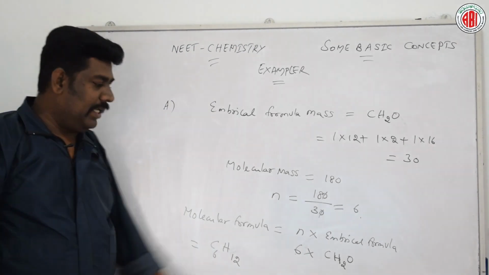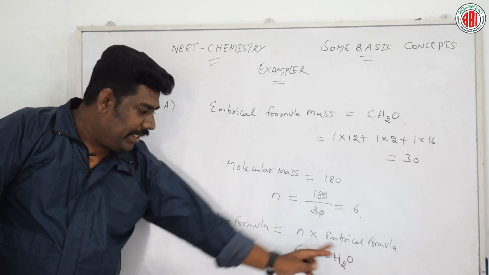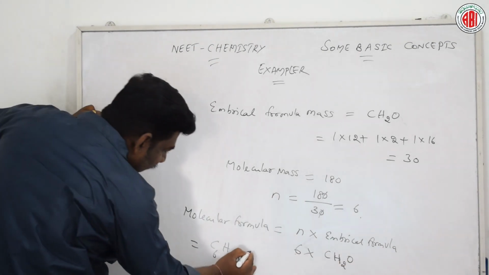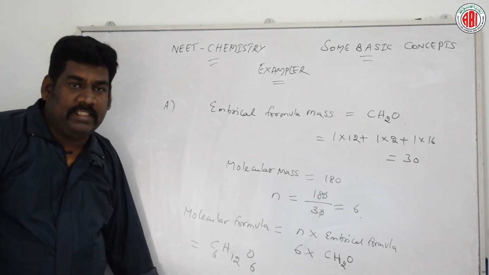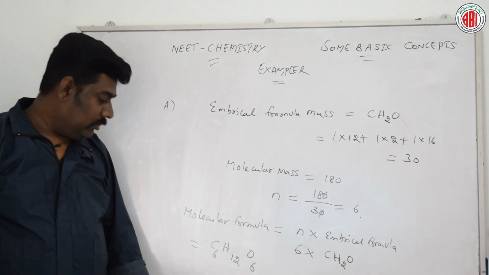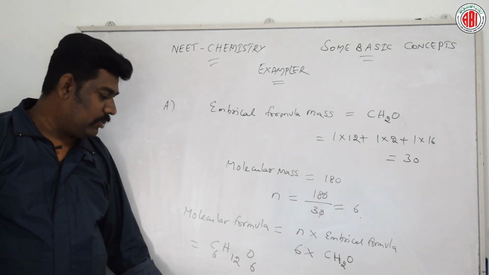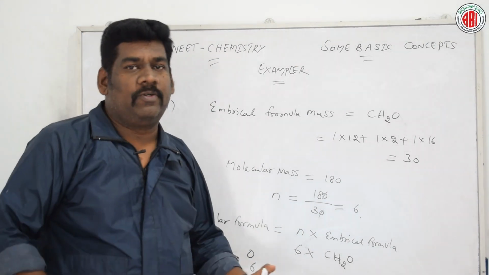Similarly, oxygen, 1 atom of oxygen is there, 1 into 6 is 6. So this is the molecular formula of the given compound, C6H12O6. This way we can solve this problem. Let us go for the next question.